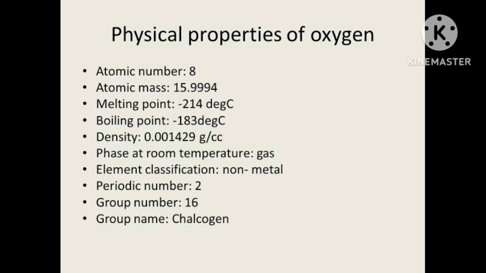Then by the thermal decomposition of the oxides of metals low in the electrochemical series and higher oxides of some metals, it gives oxygen. And first example is silver oxide, 2Ag2O, it gives 4Ag plus O2.